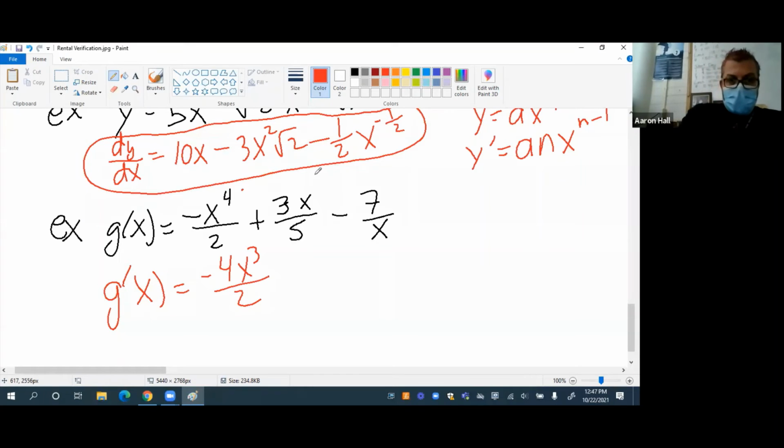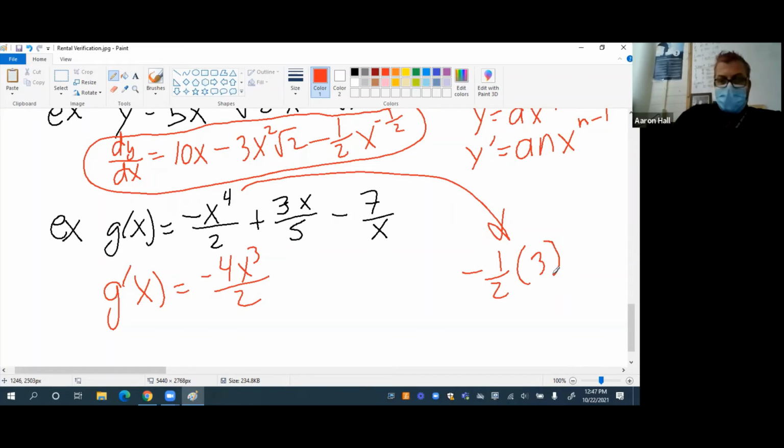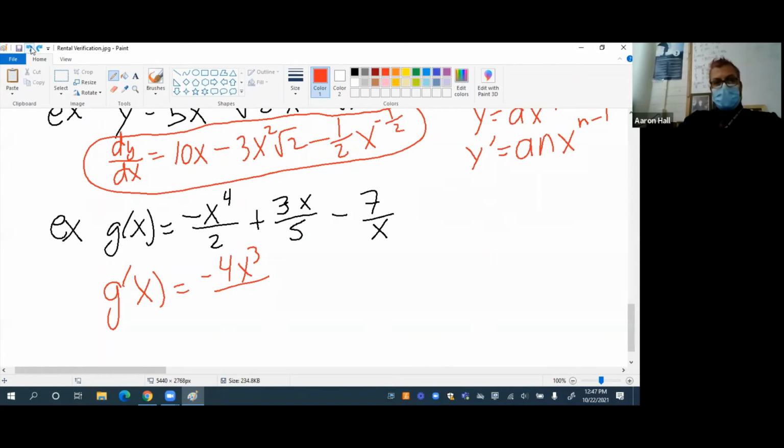If you prefer to rewrite this as negative 1/2 times 4 times x to the power of 3, right? And that's the same thing as this. I don't care which way you write it.